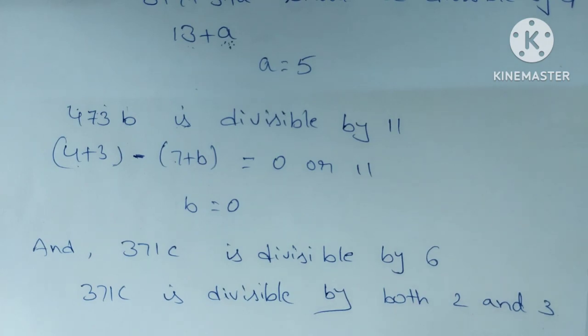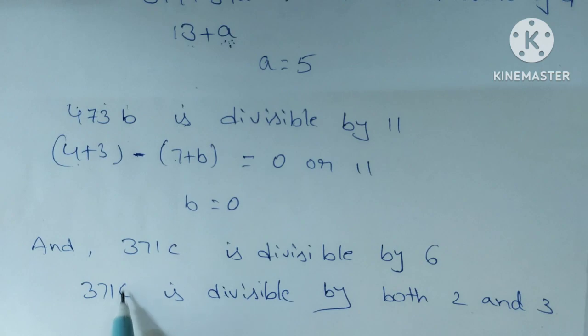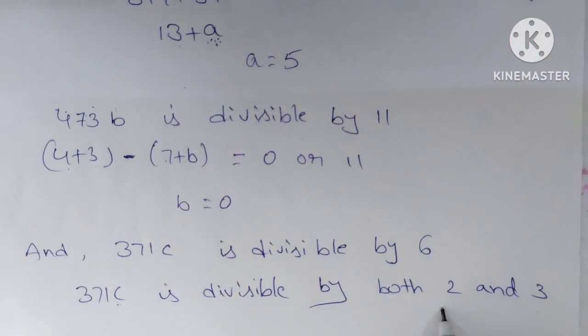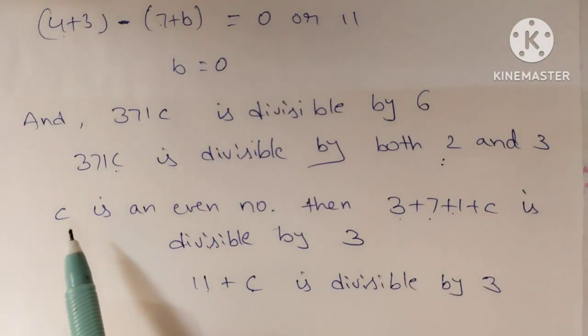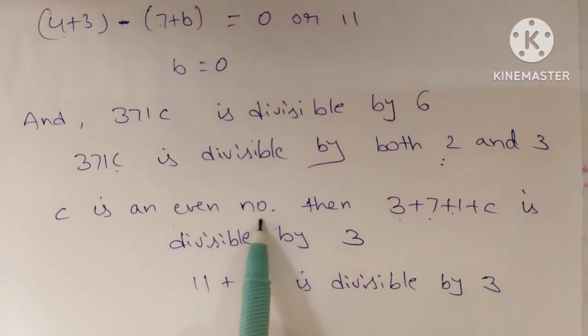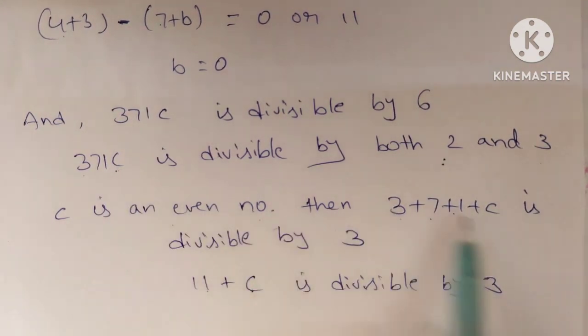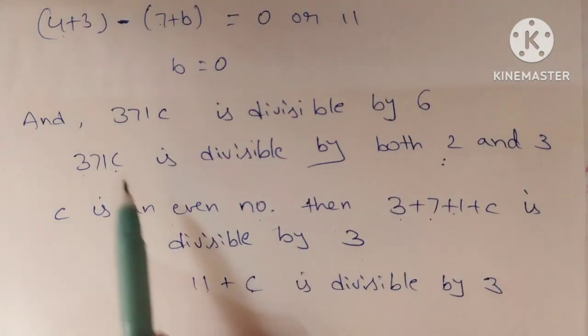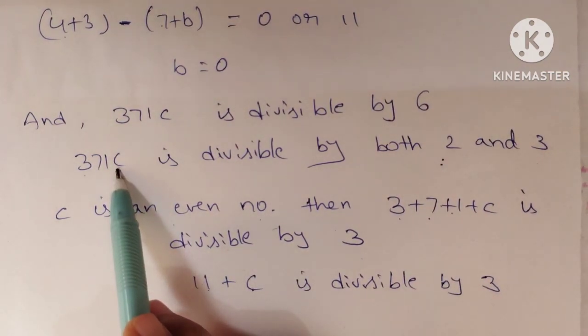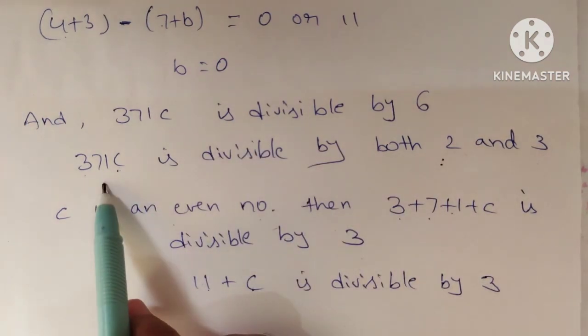So if C is an even number, the total number is divisible by 2. If C is an even number, then 3 plus 7 plus 1 plus C must be divisible by 3. Instead of C, we put an even number, which means the number is divisible by 2.